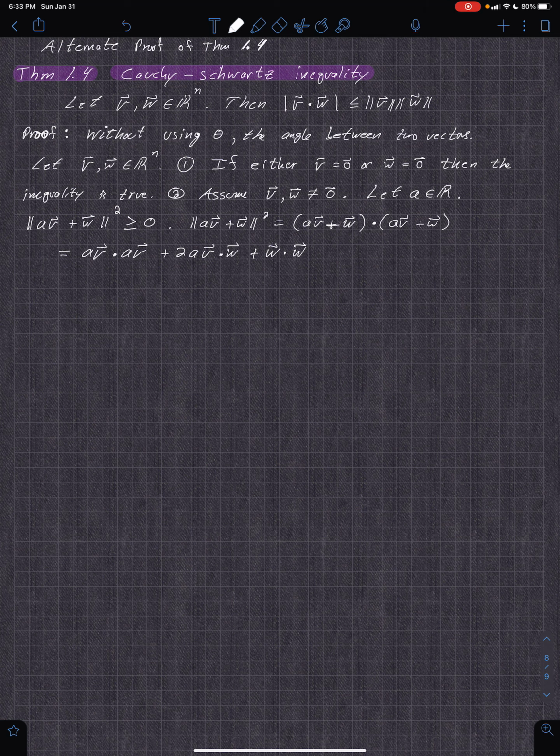And let's simplify that a bit. That's equal to A squared magnitude V squared plus 2A, and just rewriting that as V dot W, plus magnitude W squared.